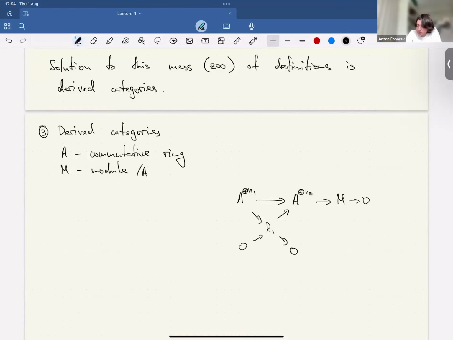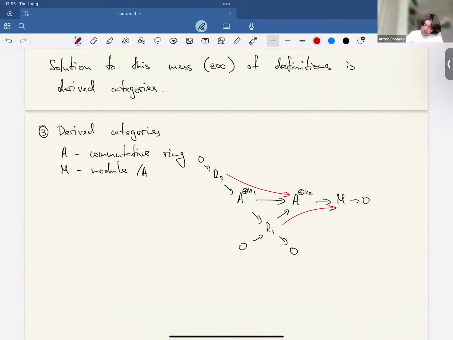So you get a further map. But this can have further relations. There can be relations between your relations. And this is the kernel of the corresponding map there. So this is the kernel of this, and this is the kernel of this map.